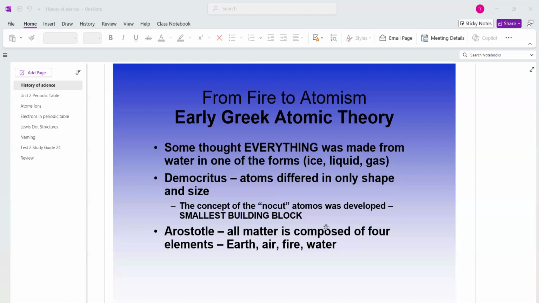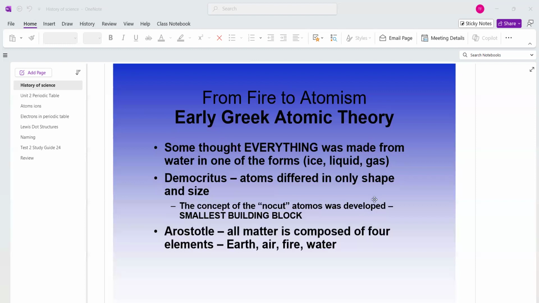Well, his idea was if we keep cutting this down, smaller and smaller and smaller, it's like taking a set of Ginsu knives and at one point, it stops being a stapler. That's the point. He said, we've reached something called no cut. And in Greek, that is atomos. And that's where the word atom comes from, Democritus.